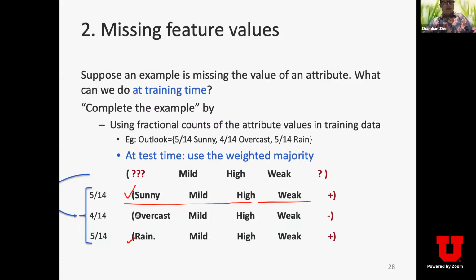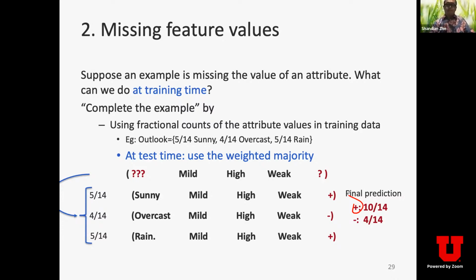And when I impute the outlook to be overcast, I got negative prediction. Then my count or my vote for the positive prediction will be 10 over 14, right? And my vote for the negative prediction is just 4 over 14. Then I'm going to pick up a positive prediction eventually. Does it make sense? Any question?